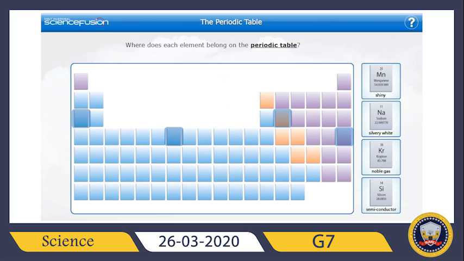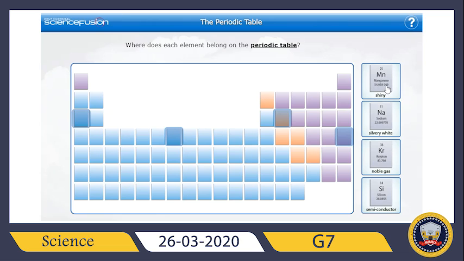Now here is another good question I would like to solve with you. We need to drag these elements to their places. It is giving us some different places, and we will try to find their places, but it is not giving us the colors. It is giving us the atomic numbers and the properties.